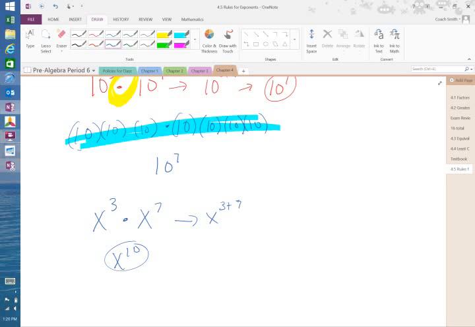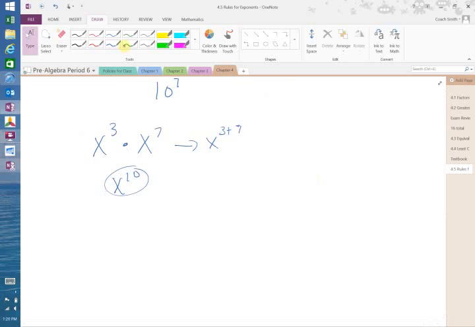All right, now, if you have this, 3x to the second times 5x to the sixth. Now, we have a property that we've talked about for the last 3 years, and we call it the commutative property.